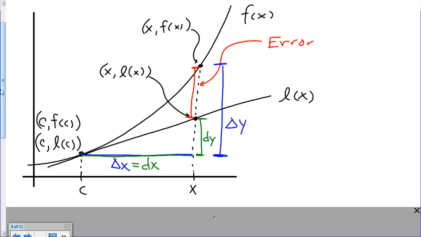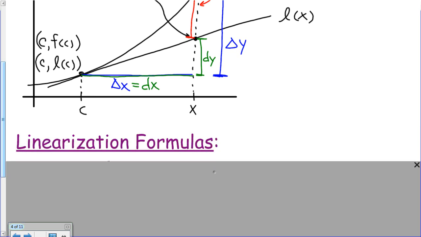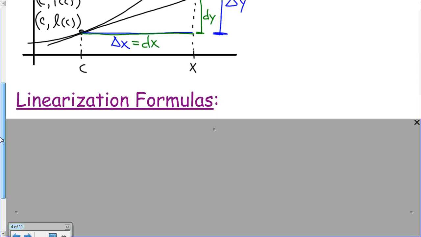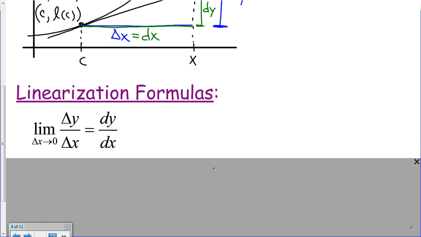All right, so let's talk about how we can calculate each of these quantities. Here are some formulas we can use to calculate these linearization quantities. Let's start with delta x, delta y, dx, and dy. It turns out that delta x and delta y are related to dx and dy, but they're not exactly the same. We saw that in the sketch: dx and delta x were the same, but delta y and dy were not.